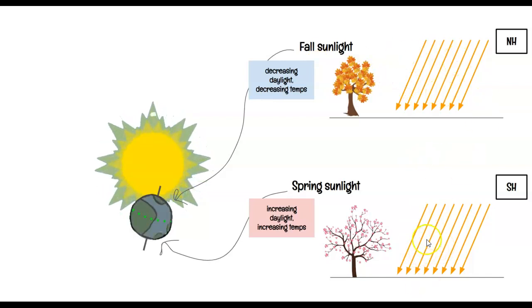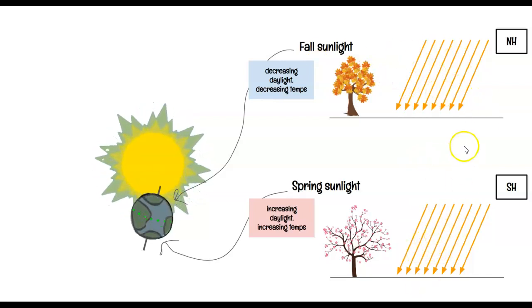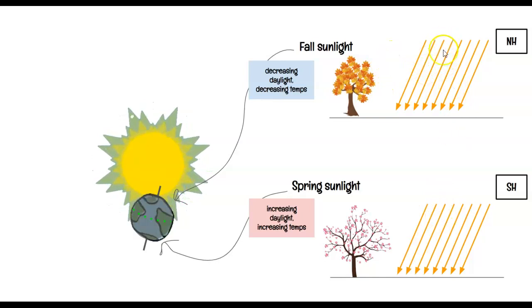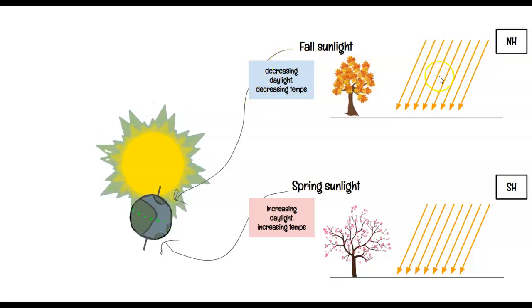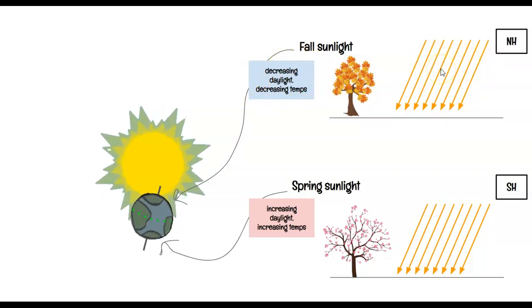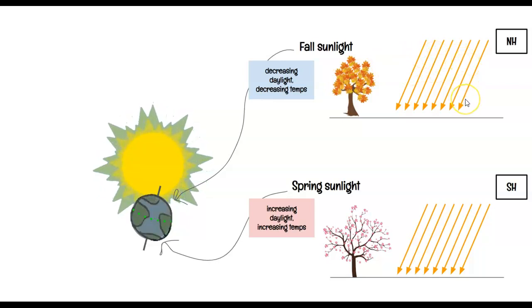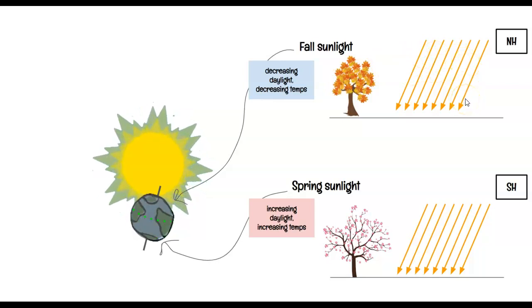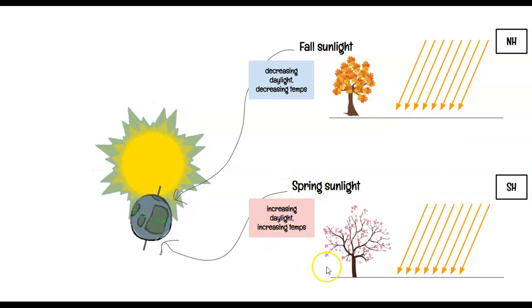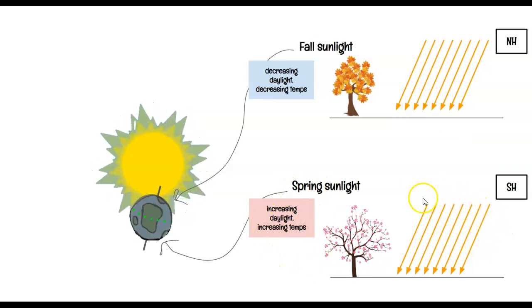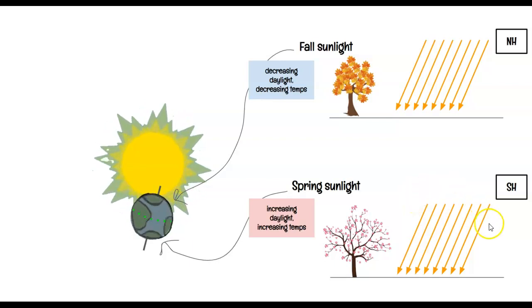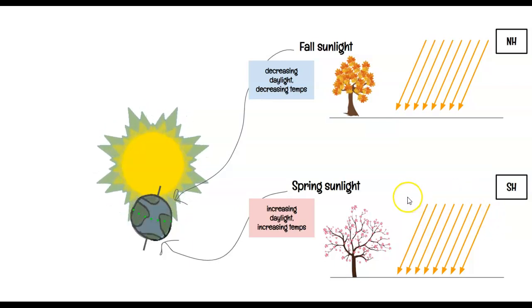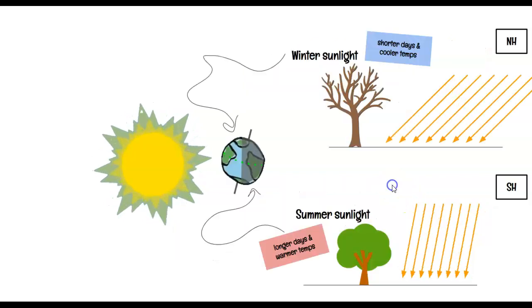But they're about even here, except that for one day, they're even, but for the rest of the days, as it continues through fall, we'll start to see decreasing daylight, so this angle will become more shallow, and we'll have decreasing temperatures because of it, because the sun is staying lower in the sky. And then when it's spring, the angle will increase, and we'll see increasing amounts of daylight because the sun is staying higher in the sky, gradually more each day.